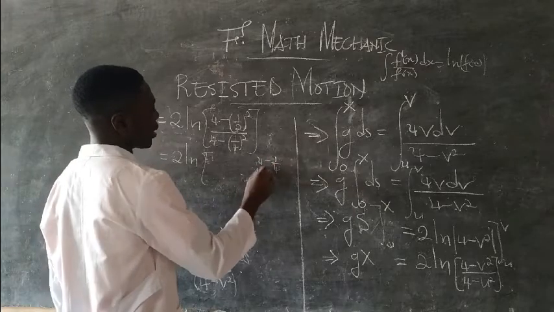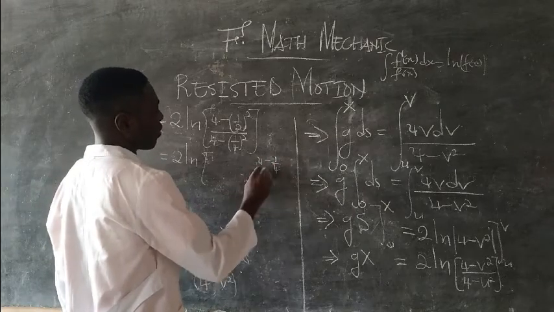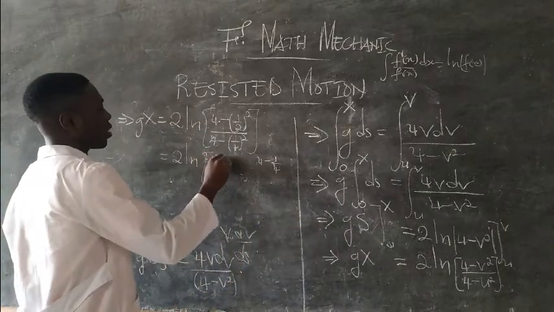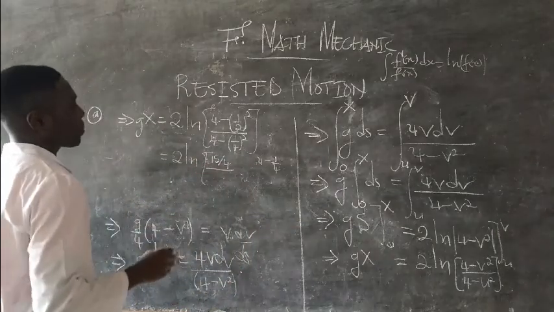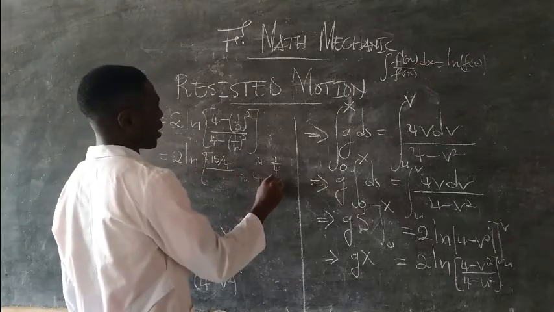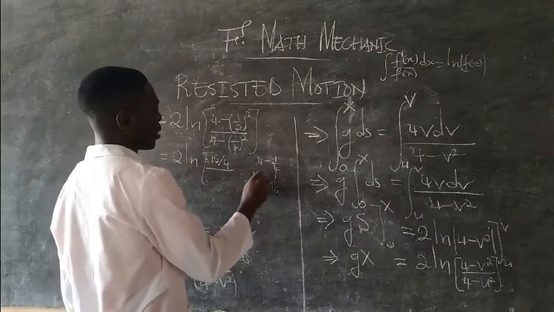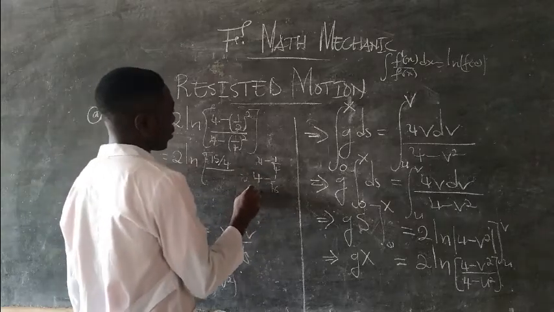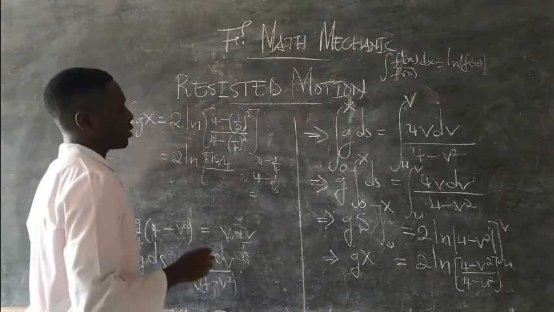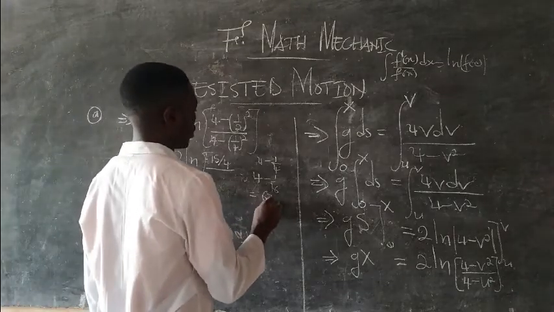Okay, 16 minus 1, which is 15/4. It's going to give me 15/4. This one up gives me 15/4 divided by, and this one below is going to give me 4 minus 1/16. Okay, 4 minus 1/16, which is going to give me 16 times 4 is 64 minus 1 is 63.